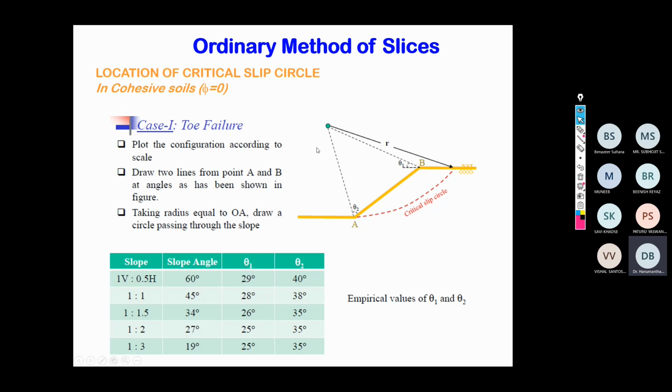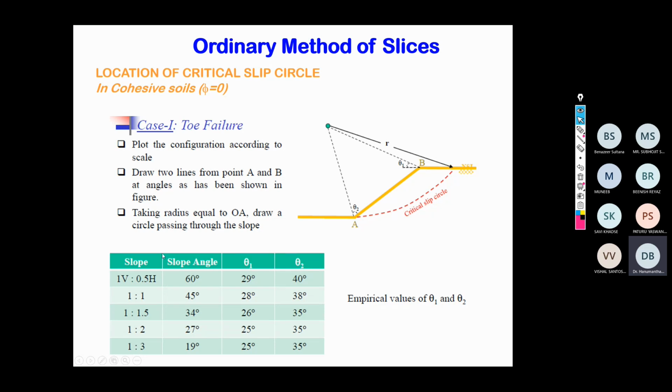Suppose this is the least factor of safety, that is fine. It may not be. Some values have been given for different slopes. For example, the face slope could be 1 vertical to half horizontal, 1 vertical to 1 horizontal, 1 vertical to 1.5 horizontal, or 1:2, and you can follow any of these.